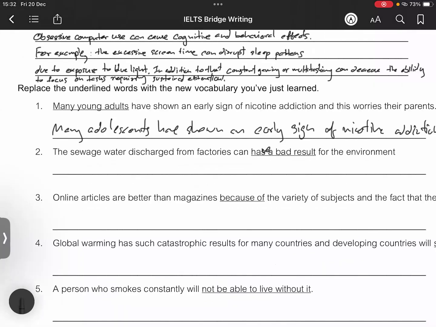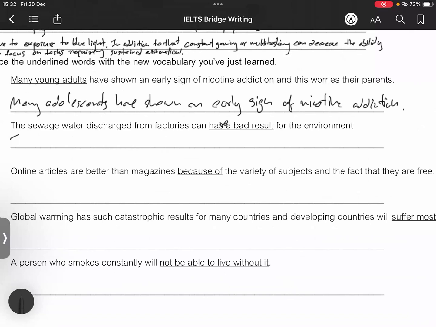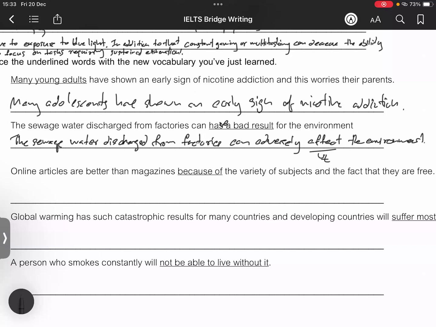So we can rewrite this as the sewage water discharged from factories can adversely affect. Because adversely affect, the word affect is a VT, it takes the right object. The environment. Okay.